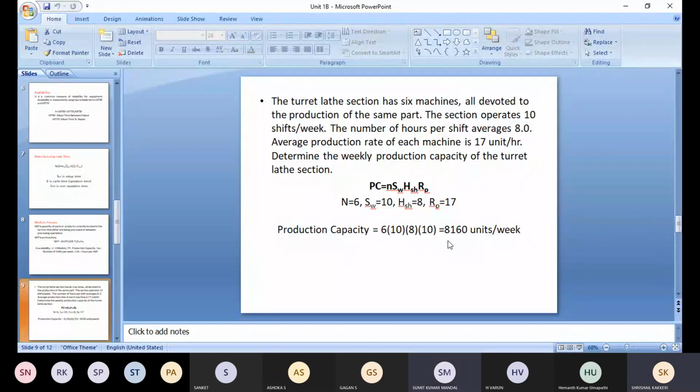Or the second question itself: explain the limitations and advantages of different types of automations. Same question, number 2 only.